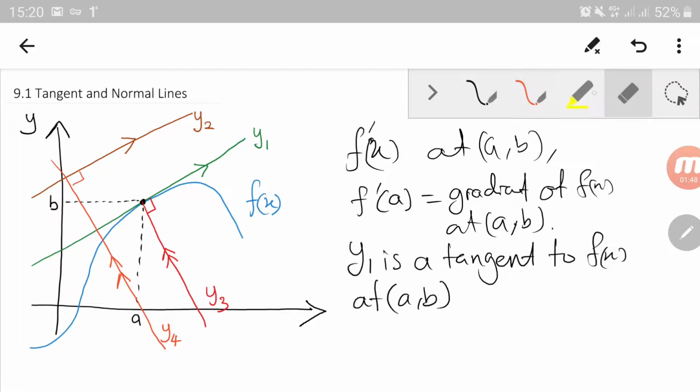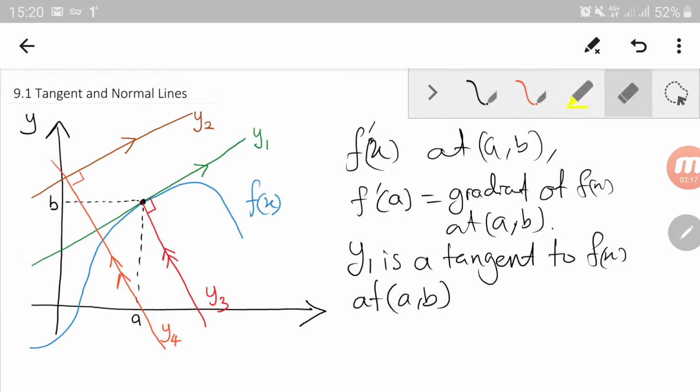Now how about y2? Y3 is a line that goes through the same point that we discussed, (a, b), over here. If you can see this tiny square I made over there, this symbol means they are 90 degrees to each other.